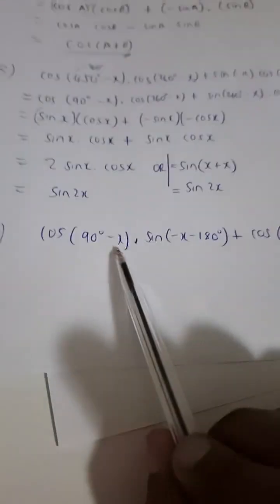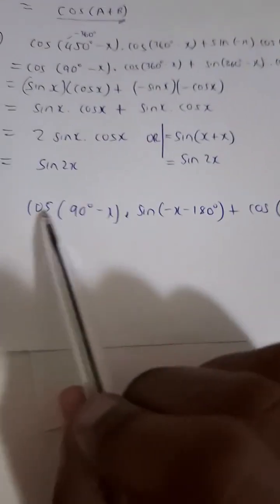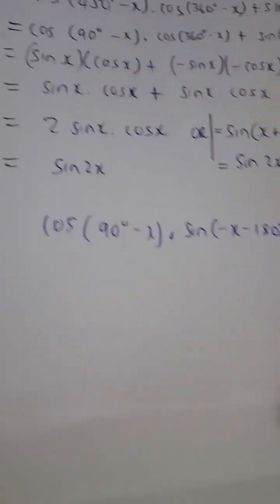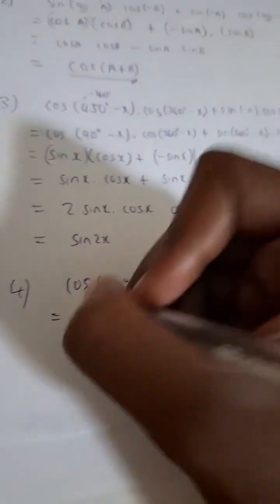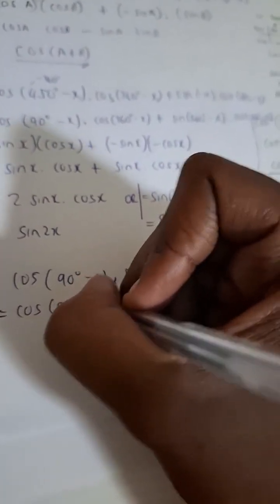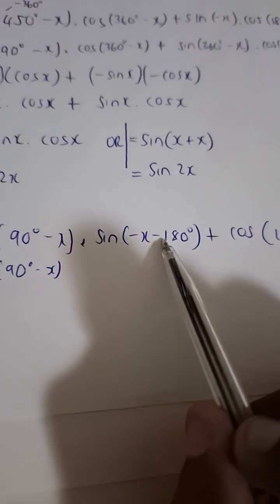Now this is a bit drawn out here. Cos of 90 minus x, so here we can see there's a cofunction value. Before I actually go on and reduce, let's first make sure that everyone is fine. So cos 90 minus x, we are fine here. This here, sine of negative x minus 180 degrees.